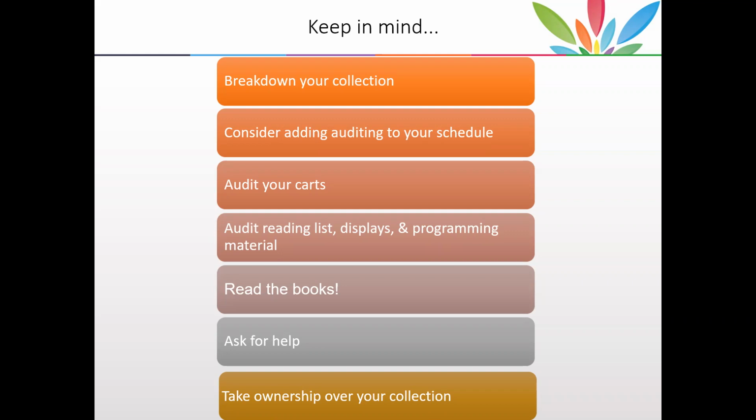You've already selected those titles for some reason. Something about these 30 books has made the cut. So you must know something about them. Stop and take a moment and do an audit right there. If you have a regular weeding schedule, and if you are constantly auditing your carts, over time, your collection will fix itself if it needs fixing.